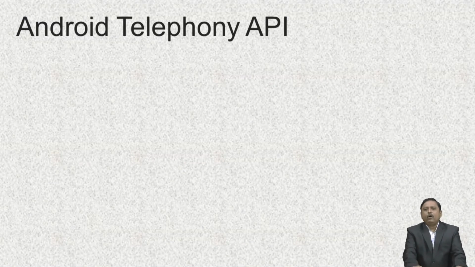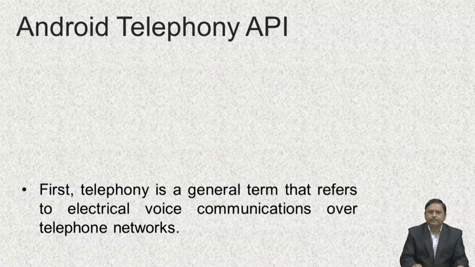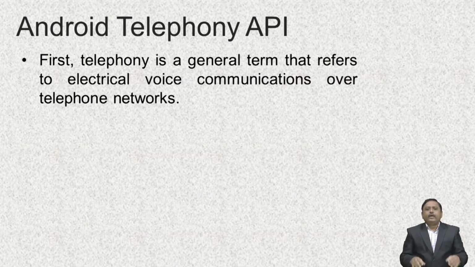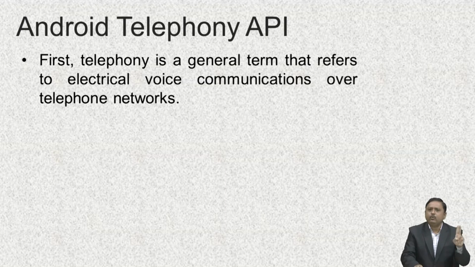Now we want to use the Android Telephony API to get telephony related information. Telephony basically is a general term that refers to electrical voice communication over telephone. Now there are 2 popular networks.